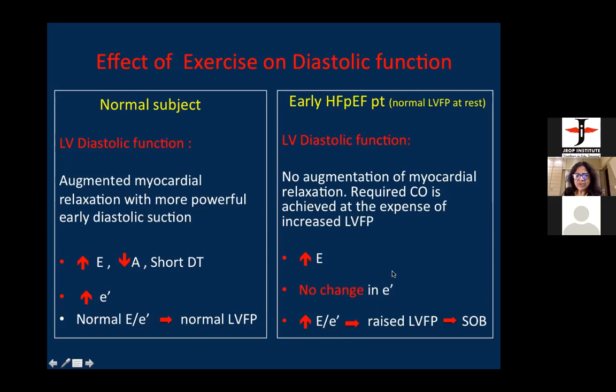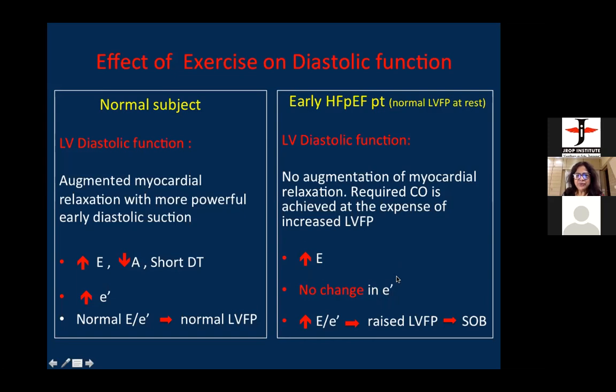When we assess the tissue Doppler velocity of the mitral annulus, we measure the myocardial tissue velocity. It is not the blood flow velocity. So though because of exercise E wave velocity is increased, there is no change in the E prime.